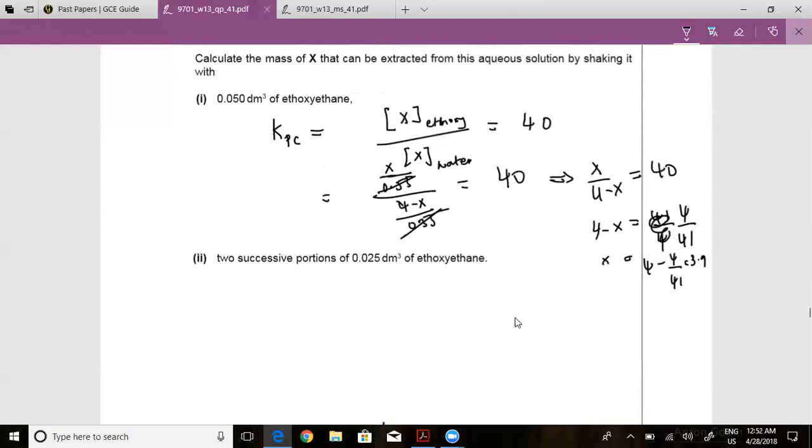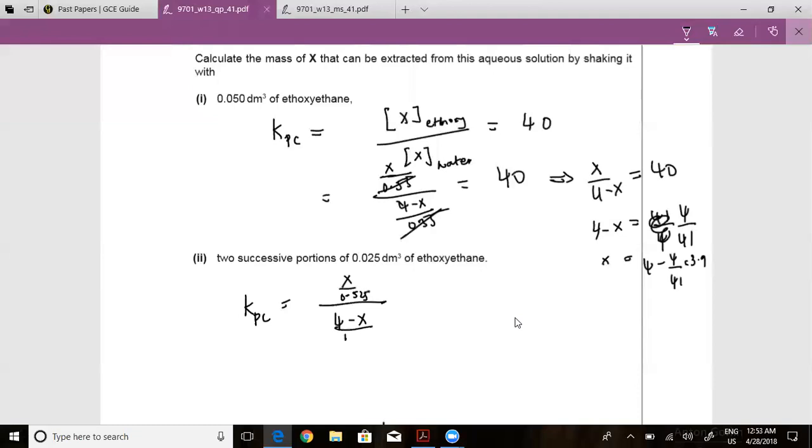Okay, so now you do it again, do it twice, ठीक है? So first portion में आप करोगे, so if x goes here, then 4 minus x remains, ठीक है? But this x is in... yeah, the concentration is still 0.525, yes.